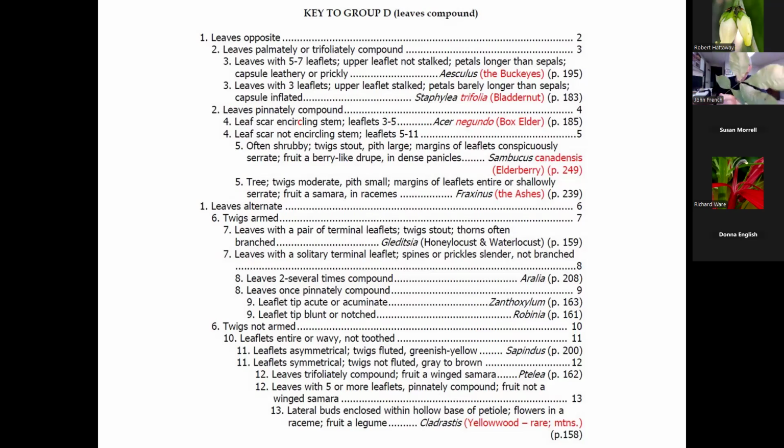Yes, and before you leave this page, if anybody has ever seen or used Radford's Manual of the Vascular Flora of the Carolinas, the couplets are not numbered, and what that means is it's very easy to lose your place when you look from the plant to the key and back and forth.